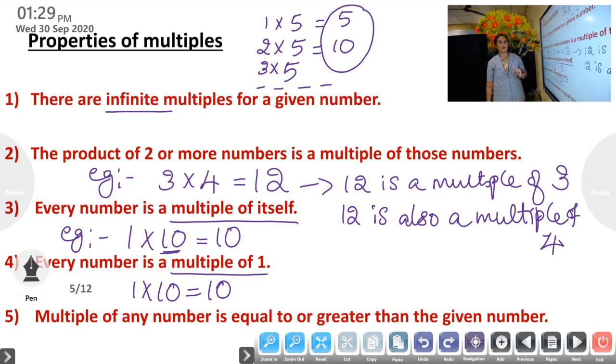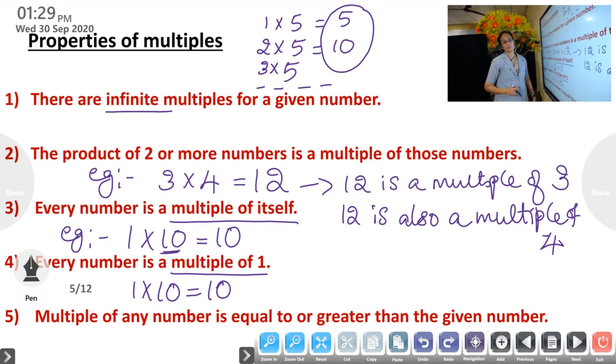First one, there are infinite multiples, so many multiples, an unlimited number of multiples for a given number. Second one, the product of two or more numbers is a multiple of those numbers. Example, 3 into 4 equals 12 means this 12 is a multiple of 3 and 12 is a multiple of 4.